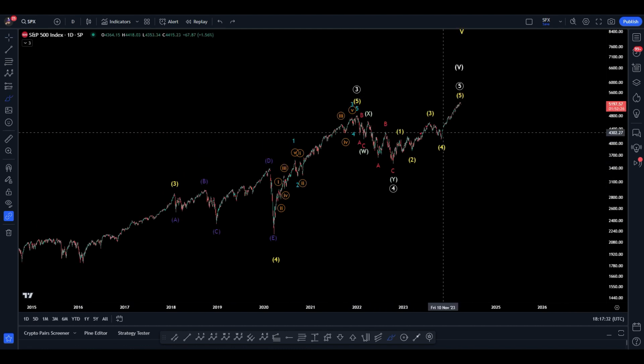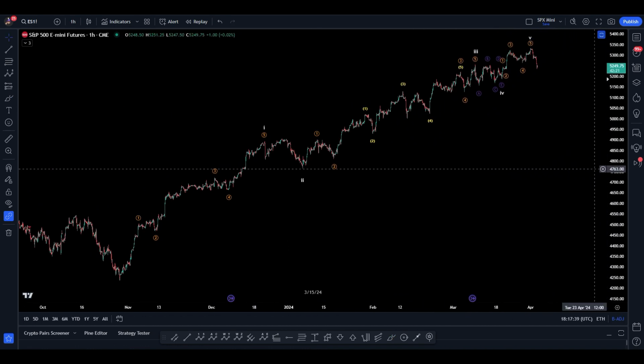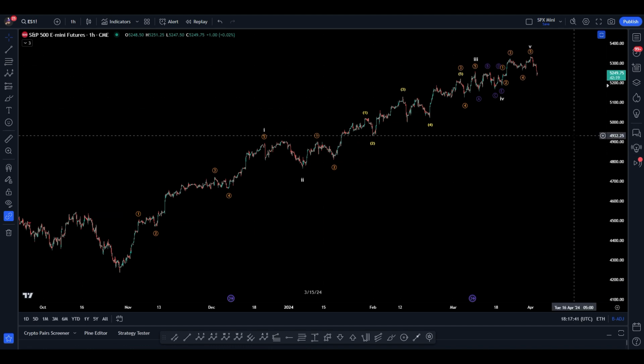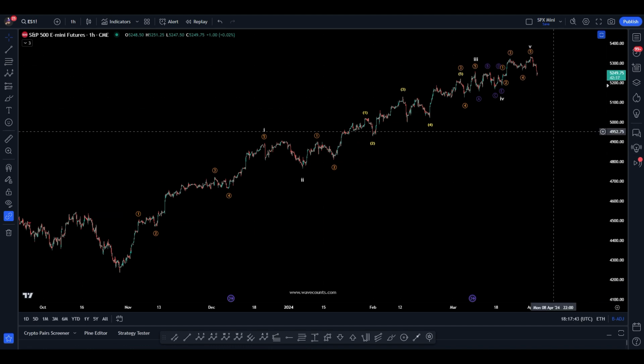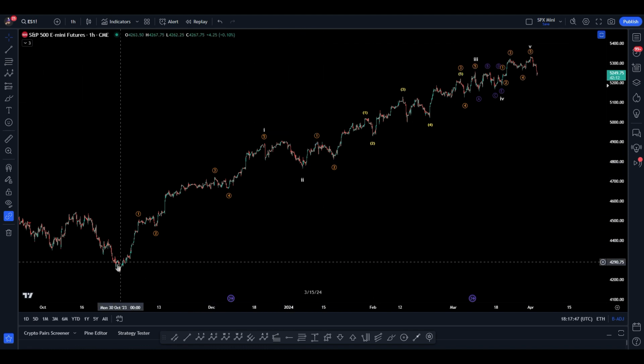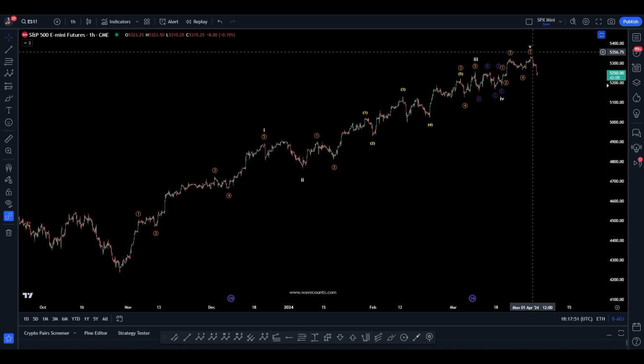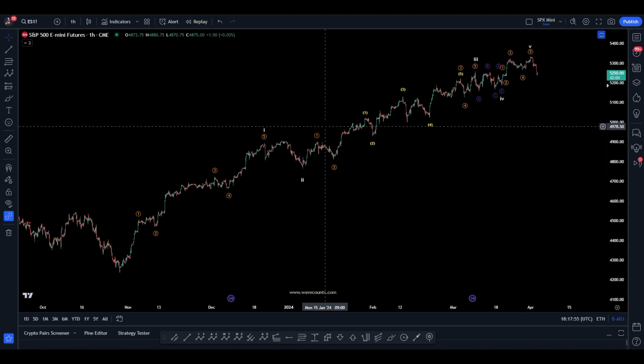And as it stands right now, what we have is a completed impulse with an extended first wave. So you have a first wave extension and a completed impulse. Okay. And honestly, you kind of have a first and third wave extension.